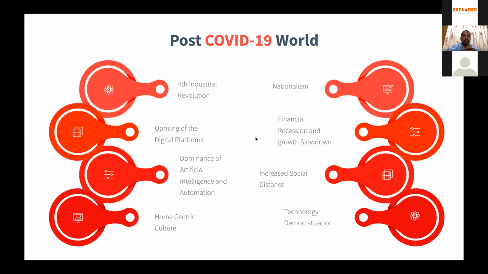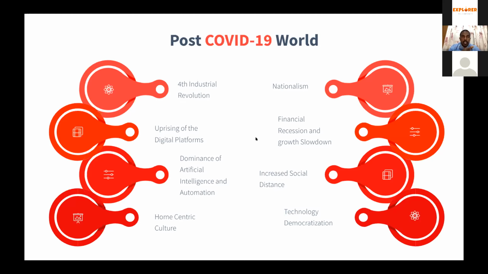And I think the fourth industrial revolution started a few years back, but it was not really fruitful. Artificial intelligence, machine learning and robotics technologies have not actually been realized in the day-to-day world. But with this transformation, this will speed up. The fourth industrial revolution will be a key component in this post-COVID world.